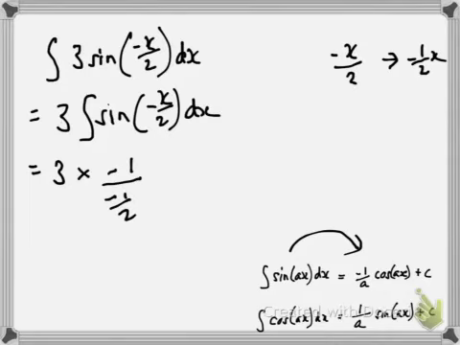Negative a half. See that all right? And then it goes cos, bracket stays the same, plus c.